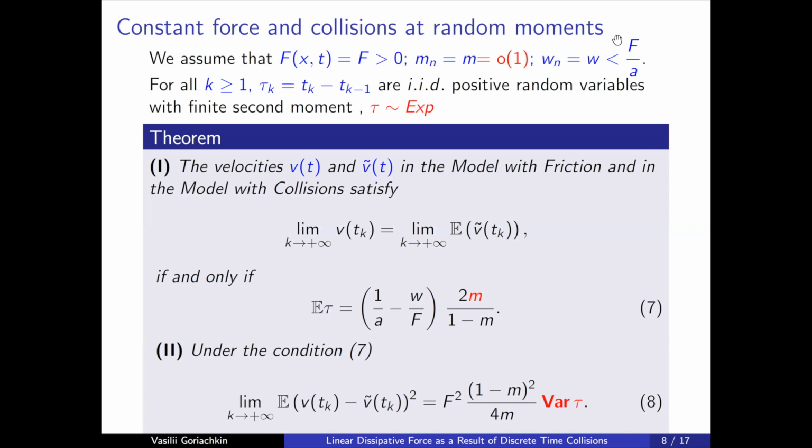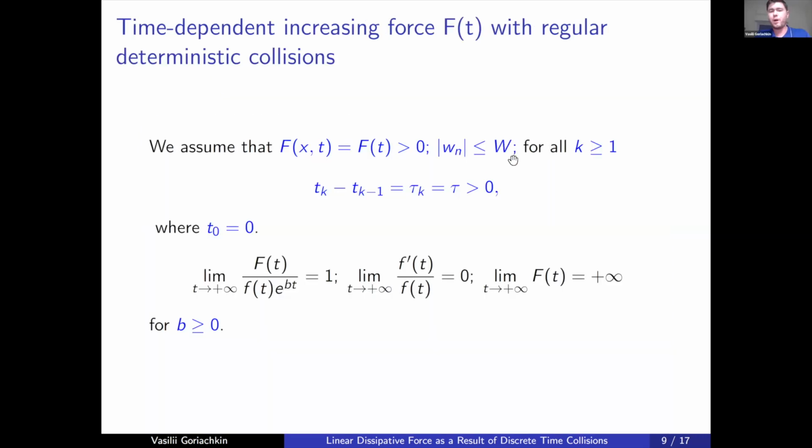In this case it is also bounded by some constant, and this constant doesn't matter because we will see that the answer will not depend on these quantities w_n in the next theorem. So f could be some exponent, or f could be some polynomial function.